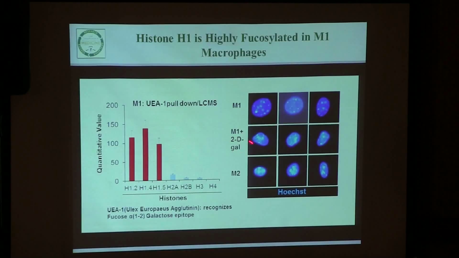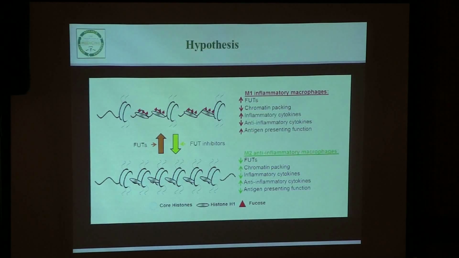The treatment with 2D-gal can really change the chromatin structure from M1 to M2. So the hypothesis is that in M1 inflammatory macrophages, there's upregulation of FUT expression and also a more condensed chromatin structure, higher expression of inflammatory cytokines, and lower expression of anti-inflammatory cytokines. This condition is completely opposite in M2 macrophages.